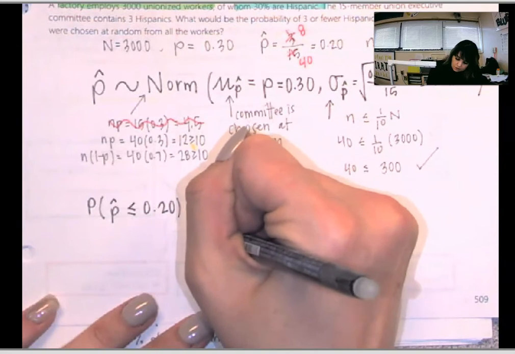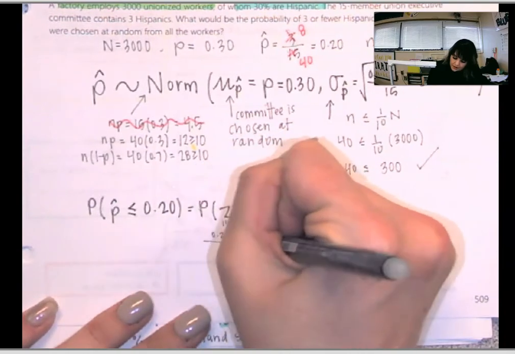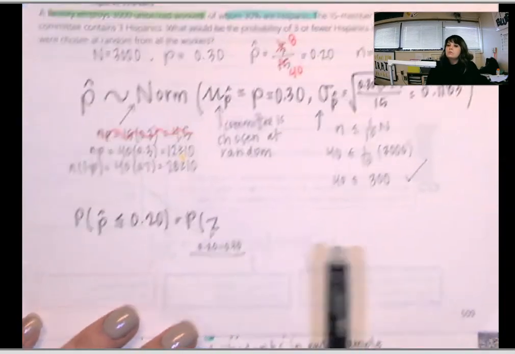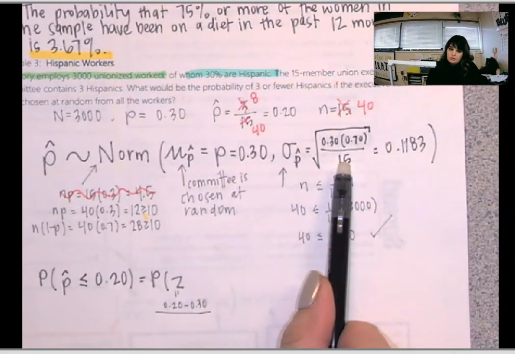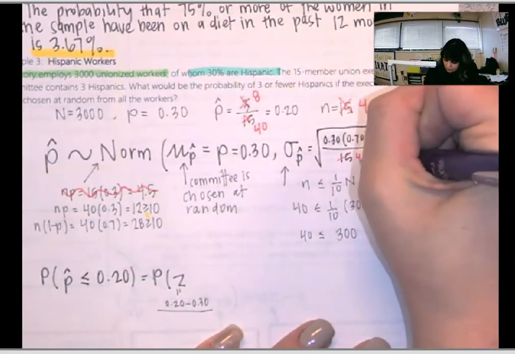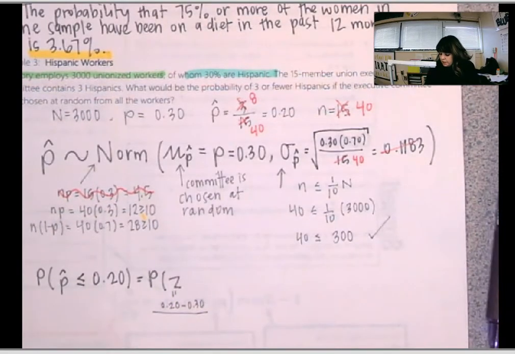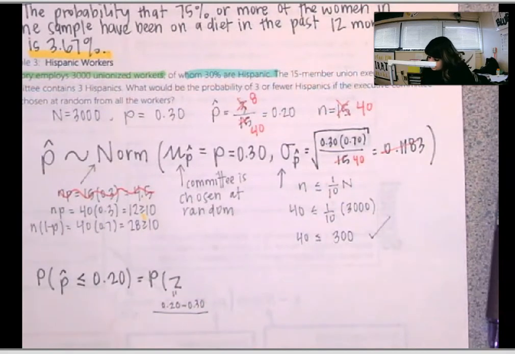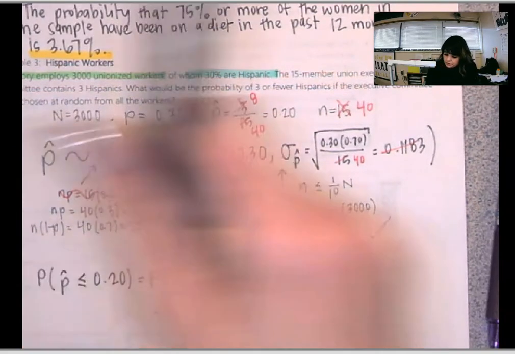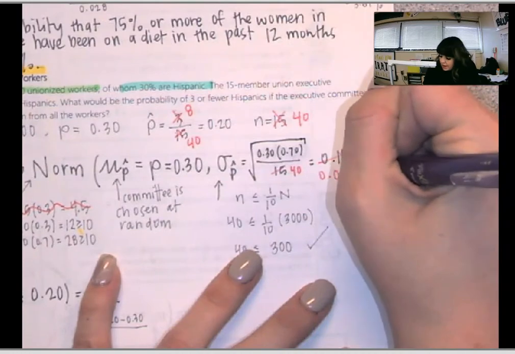Well, 0.20 subtract 0.30 divided by, I forgot to recalculate this guy. So this I have to change to 40, which means this, I'll calculate it for us, is now 0.0723. So I'm going to go with 0.072.